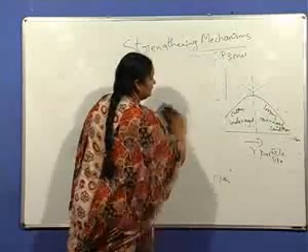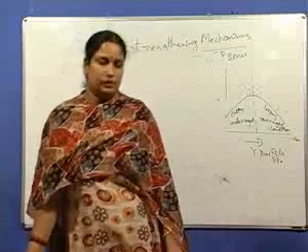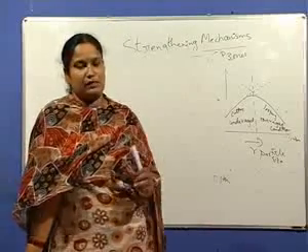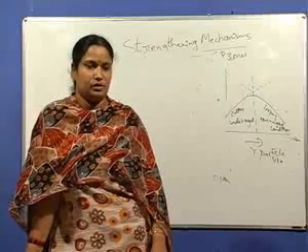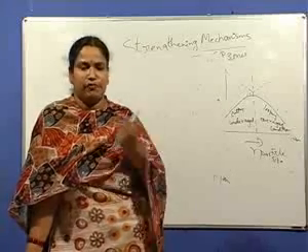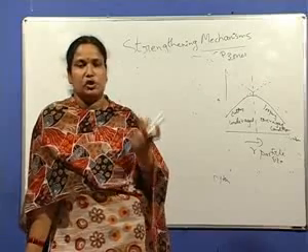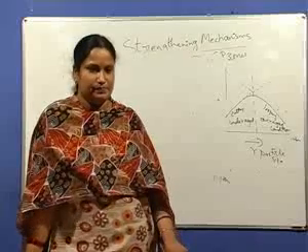And last but not the least is the fiber strengthening. This fiber strengthening is for the case of composite materials, where very fine fibers are incorporated into a soft ductile matrix.